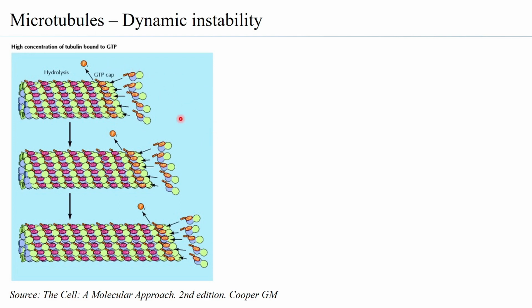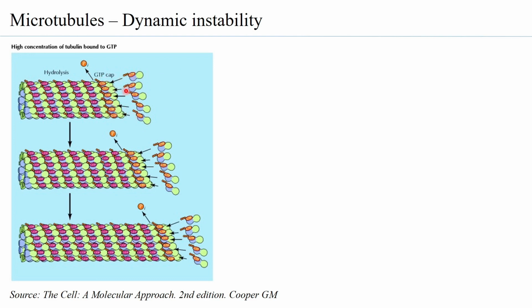So here let us take into consideration that there is sufficient amount of the heterodimer present in the cell. What is going to happen is that at the plus end, these heterodimers will come and bind. The alpha tubulin of the incoming heterodimer is going to bind to the beta tubulin of the existing layer.